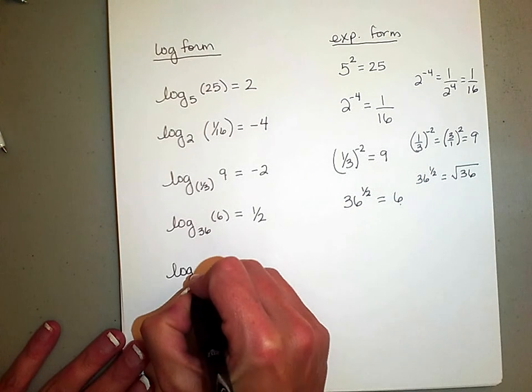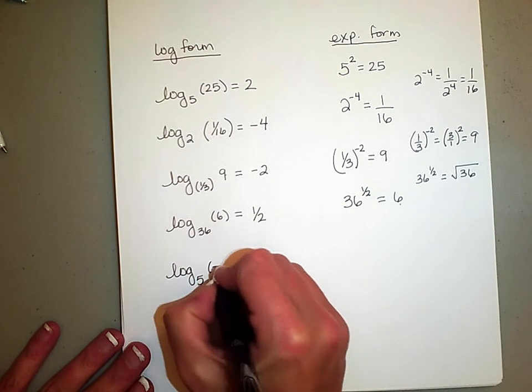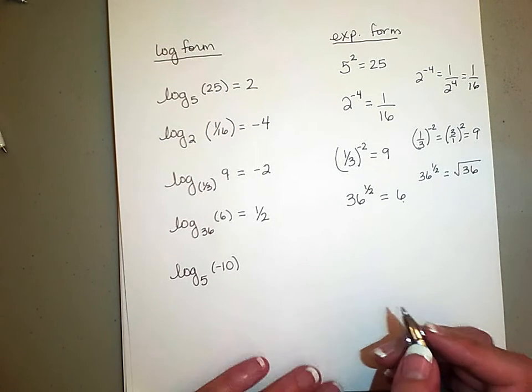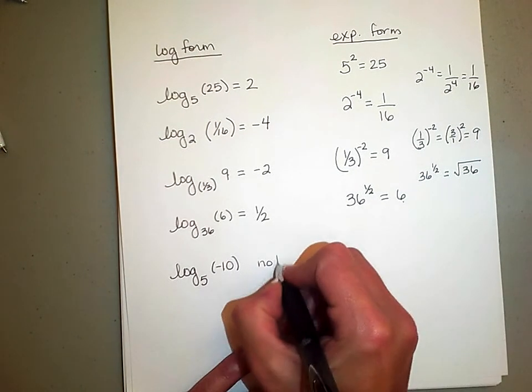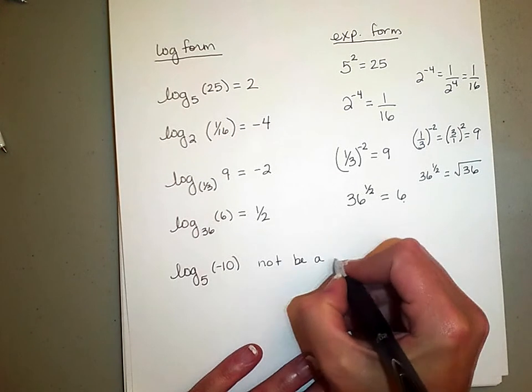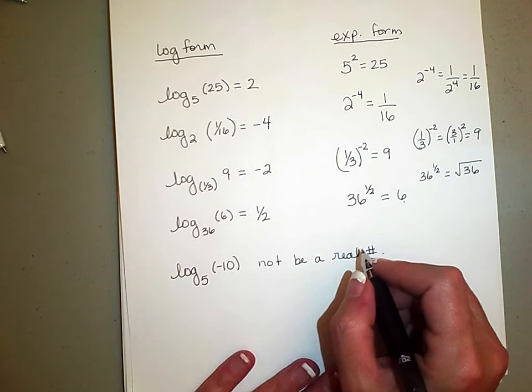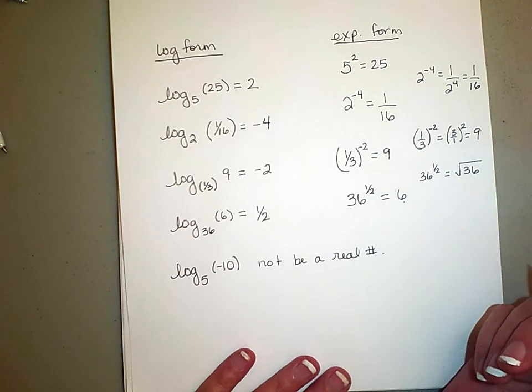And then things we have to watch out for, like say we're taking the log base 5 of negative 10. This will not be a real number. Can you think of why that would be?